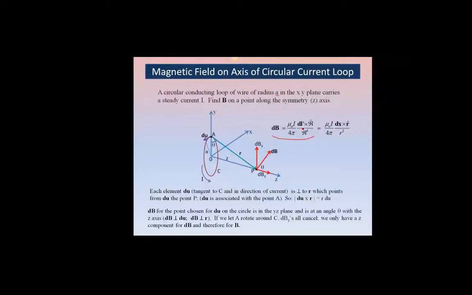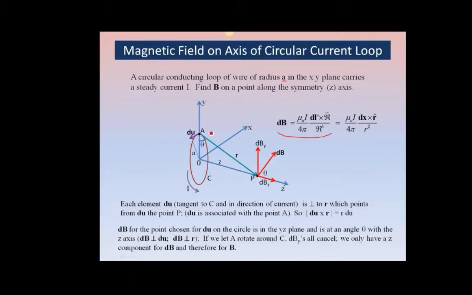In this case, dl prime is a vector like I've shown here, which I'm going to call du. That's the tangent vector in the direction of the current flow. We'll pick the point A to be where we're discussing the vectors that will give us the field. Now realize if I move it over here, I could just rotate the y-x axes to correspond to a picture like this.